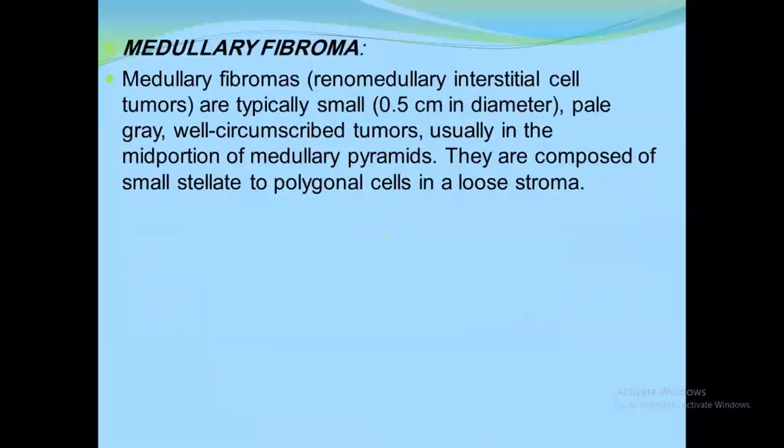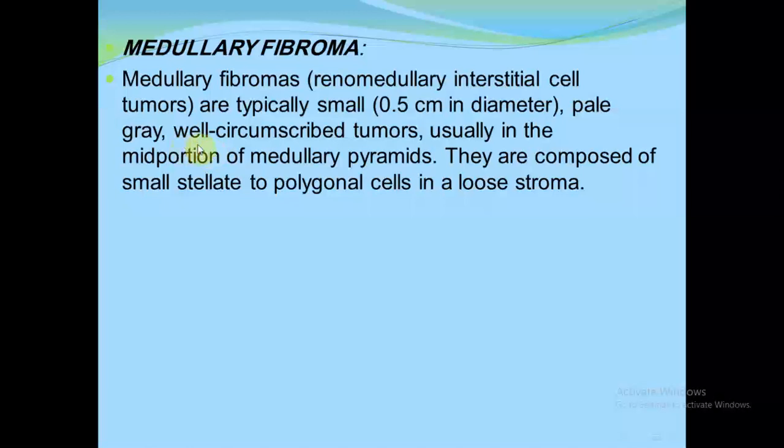Medullary fibroma. Its origin is from the interstitial cells of the renal parenchyma. Generally it is small, and the median size is 0.5 cm in diameter.